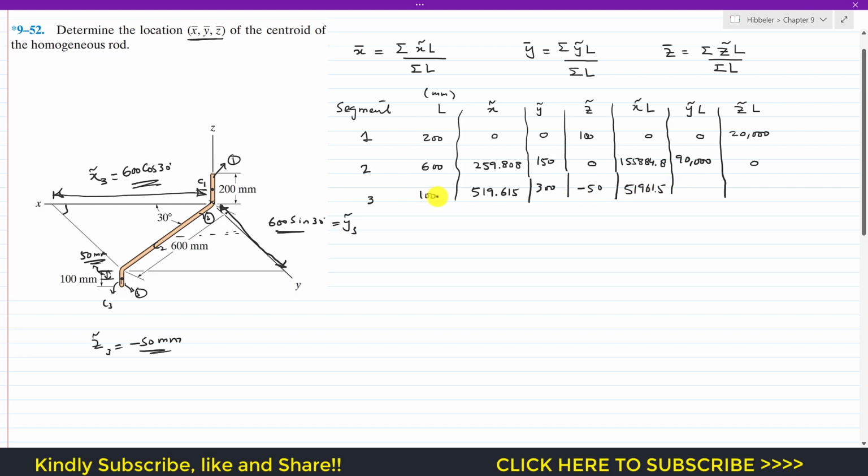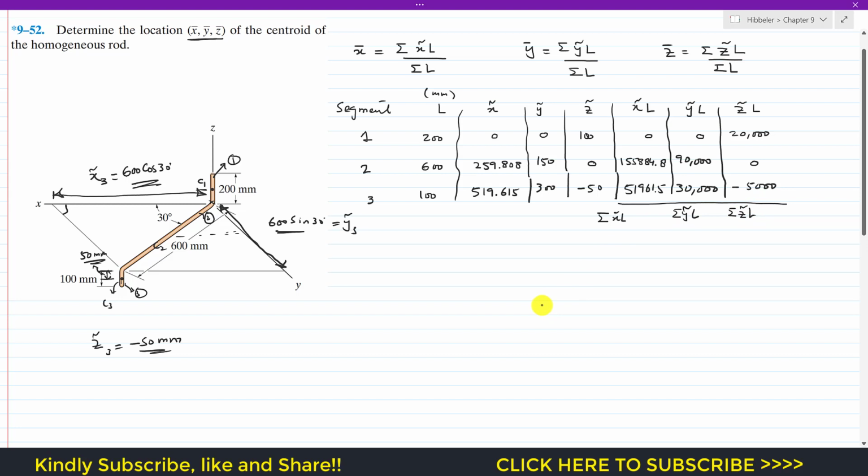Similarly, 300 into 100 will give us 30,000, and minus 50 into 100 is minus 5,000. So now we have to add these up. That will give us the summation of x tilde times L, the summation of y tilde times L, and the summation of z tilde times L.